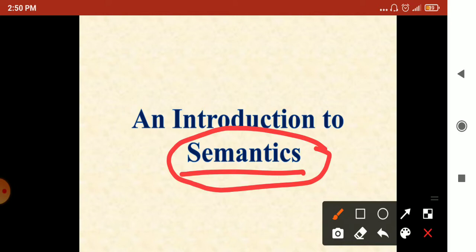It has nothing to do with the change of meaning of words, the historical change of meaning of words. So it is an independent, separate branch of linguistics. The study of semantics covers a wide range of concepts such as how meaning is constructed. So basically semantics deals with meaning.